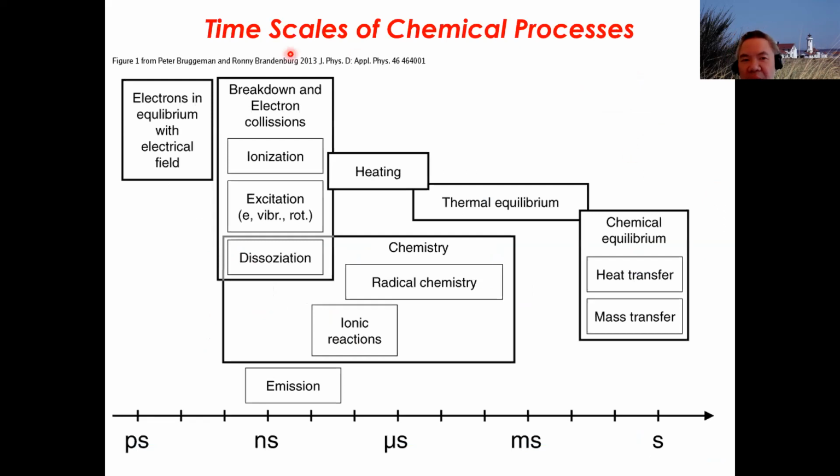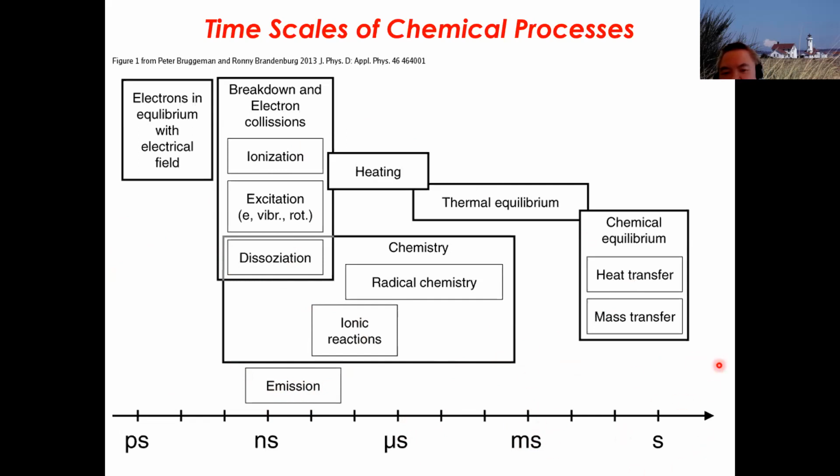Okay, so time scales. I've talked about size scales. Time scales are going to be very relevant for chemistry. For instance, things like vibration, radical chemistry, atmospheric chemistry, ozone chemistry, soot chemistry, etc. Thermal chemistry, all of these occur over different scales, ranging from picoseconds, nanoseconds, microseconds, milliseconds, as well as seconds.